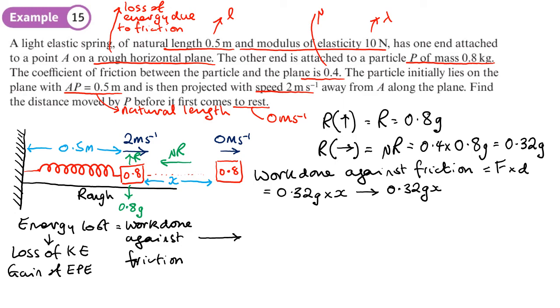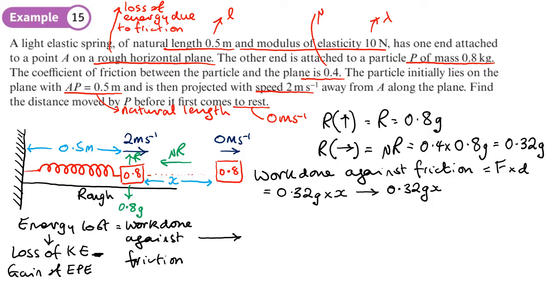The loss of kinetic energy is going to be greater than the gain of elastic potential energy, so we need to do the loss of KE minus the gain in EPE, and that will give us our total losses.